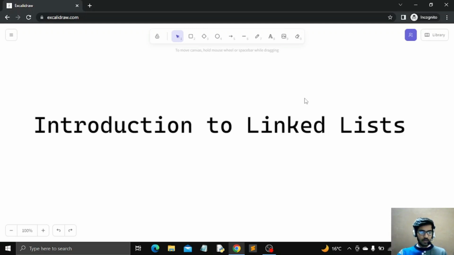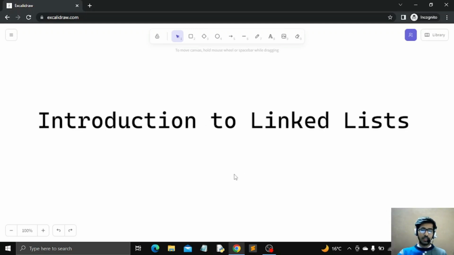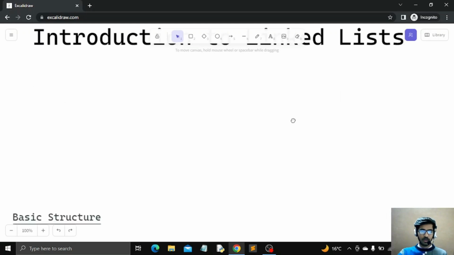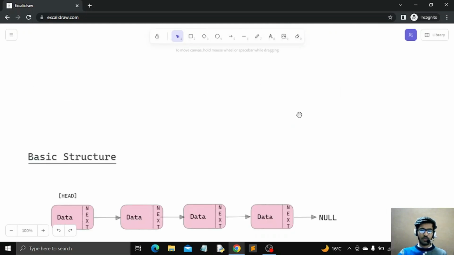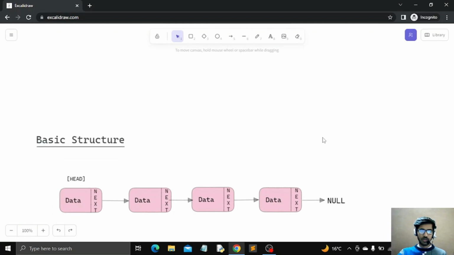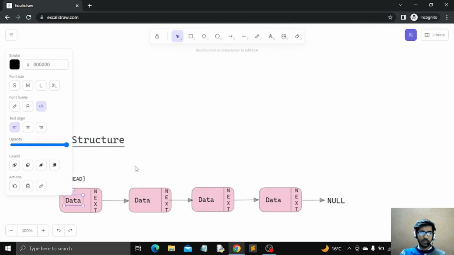Okay, so now in this video we are quickly going to learn the basics of linked list data structures. It is a very interesting data structure. So linked list is a linear data structure which is formed from nodes, where each node comprises of two things. The first thing is the data stored in that node, and the other thing is the next pointer, which points to the address of the next node.